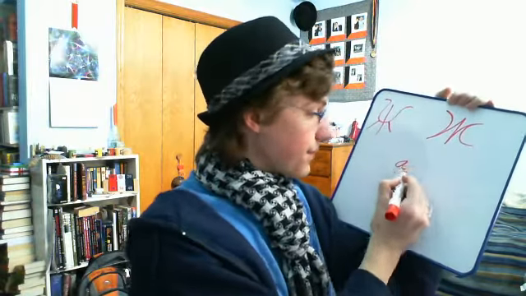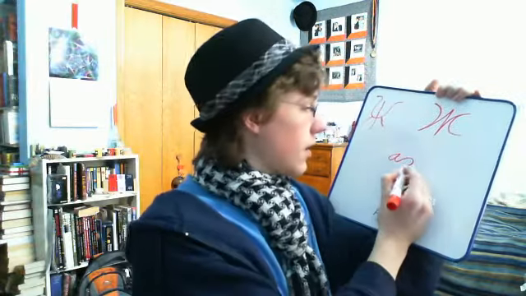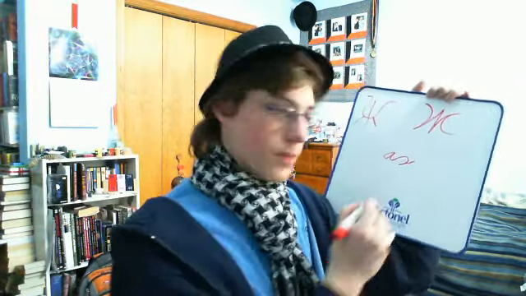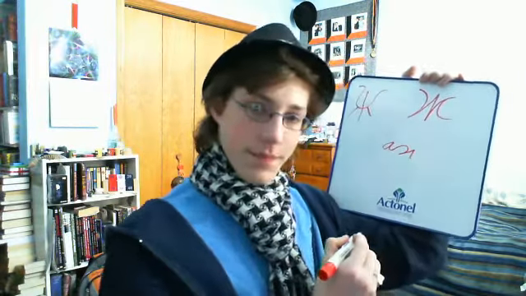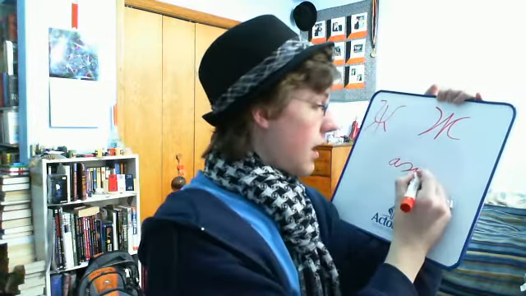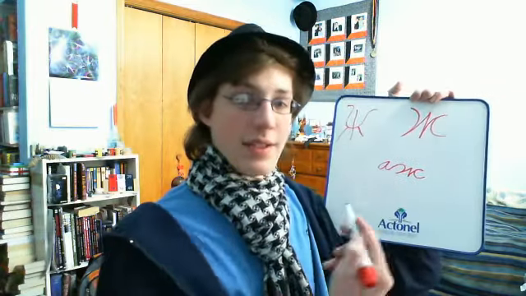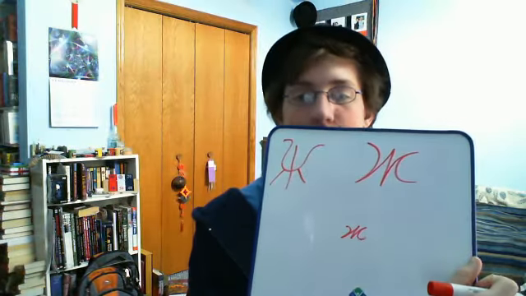You make your A, bring it up, curve it down like that. You come up, downward line. Come back up, and use that as the top and make like a C. And that's az. That one ended up getting a little stretched out. They should be kind of compact if you can help it. Sort of like that.